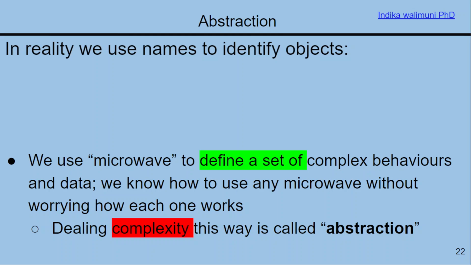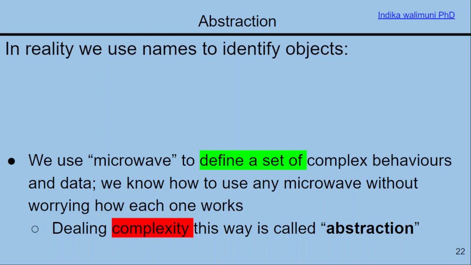So basically, in the real world, we use the name microwave to define a set of complex behaviors and respective data, and we give that name microwave so that we can represent those behaviors and data together with that name. Okay. So basically we know how to use any microwave because the concept underlined by the name microwave is well defined in society.